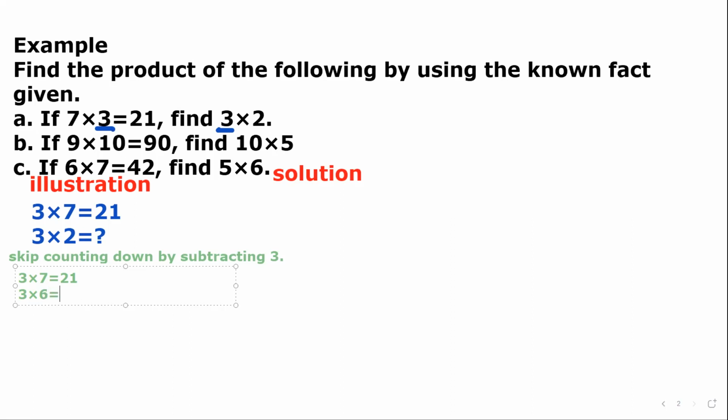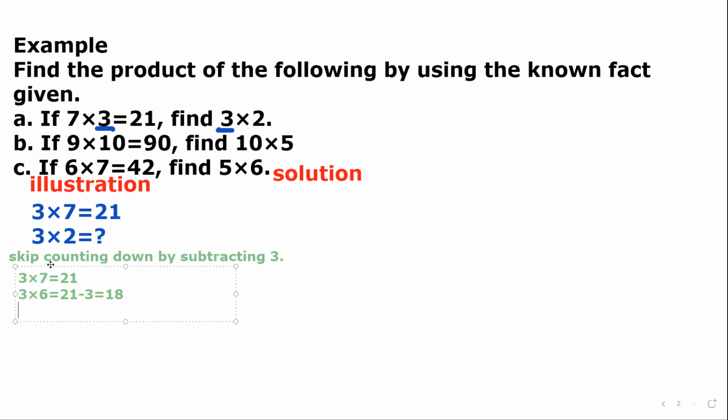And the answer here will be 21 minus 3. Then the answer is 18. Good.